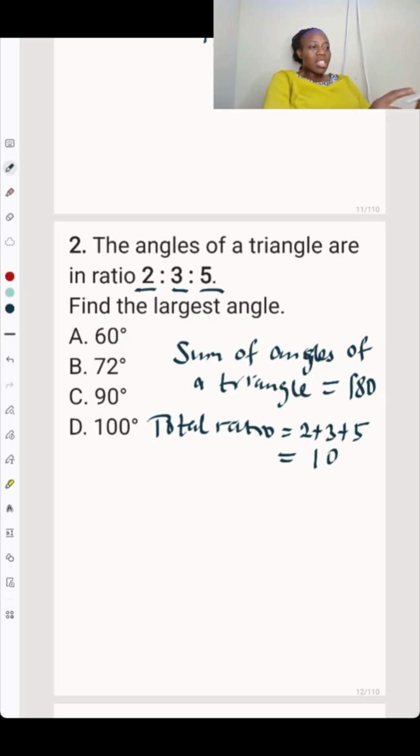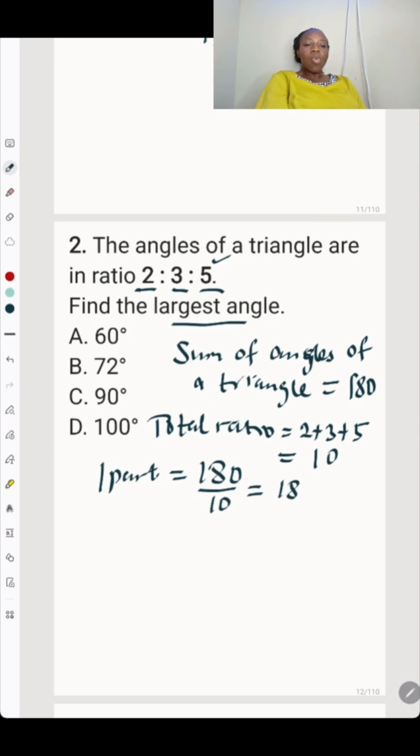Then the question is asking for the largest angle. The largest angle will be the one with the largest ratio. If we share the whole angle into 10, one part will be 180 divided by 10, which is 18. So one part of the angle is 18 degrees.